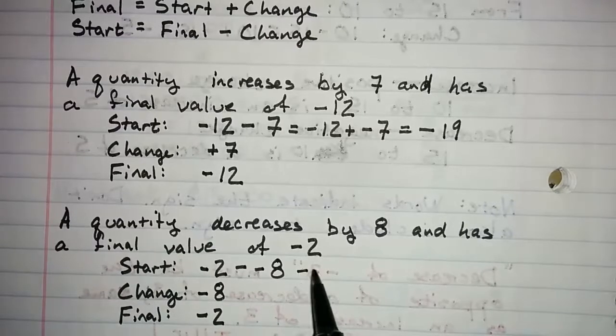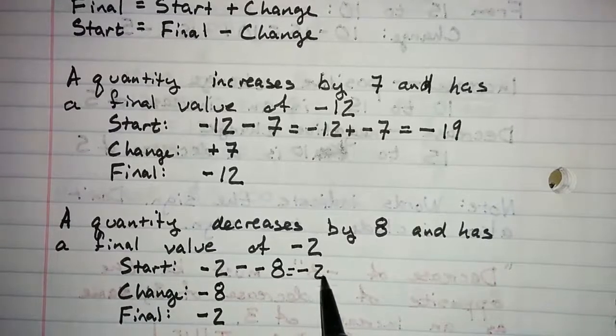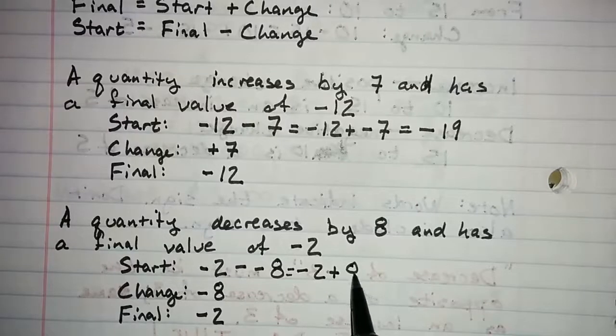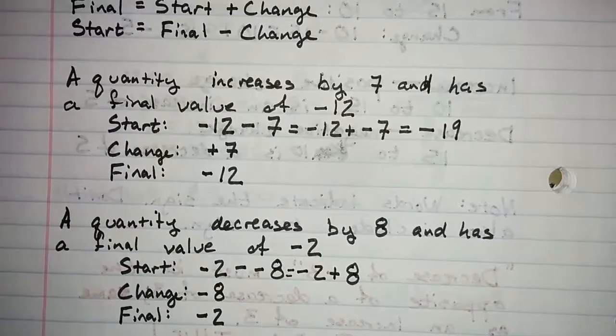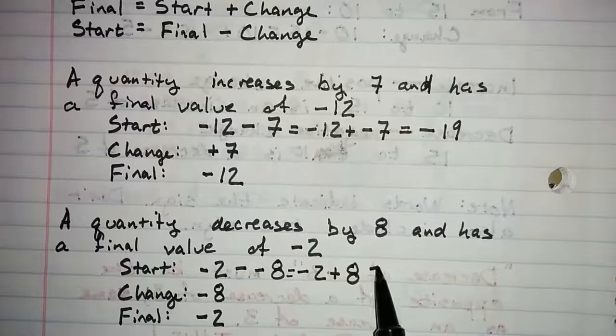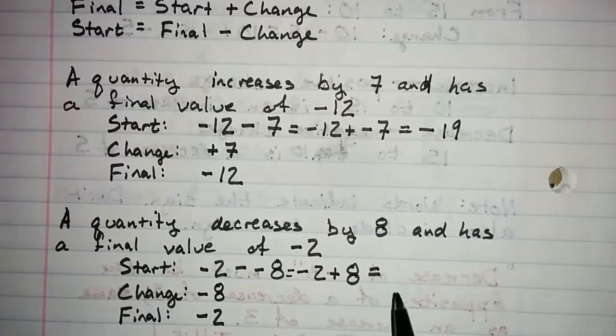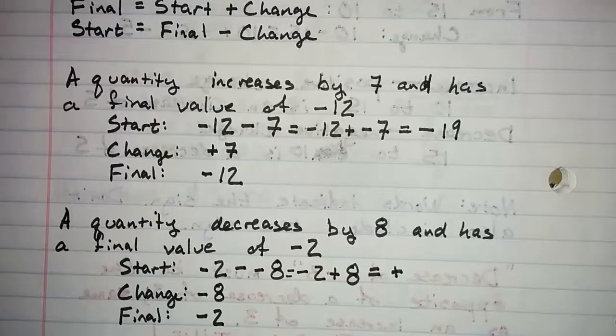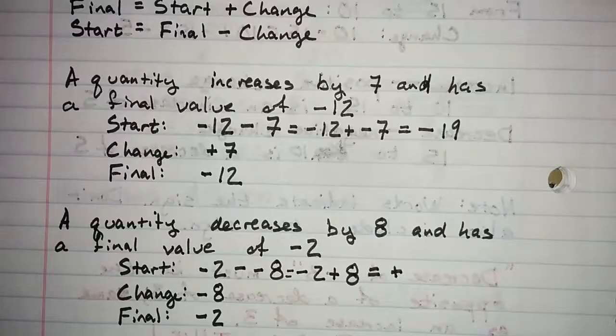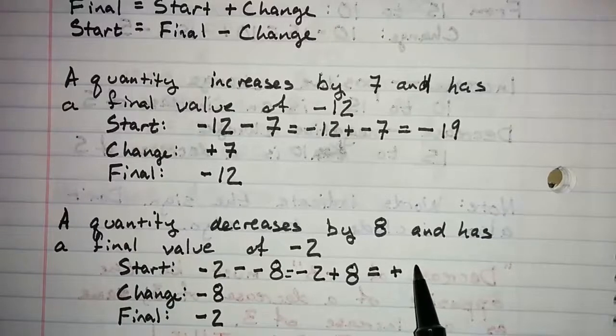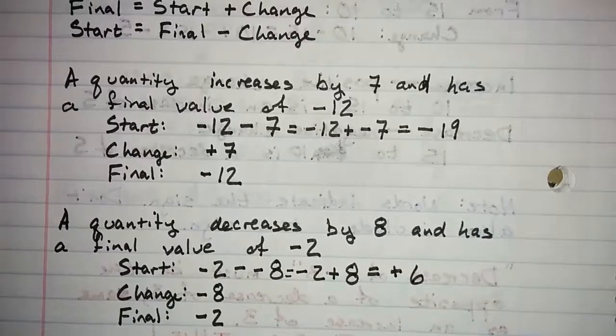Rewriting this as addition, this will be negative 2 plus positive 8, right? The opposite of negative 8. Let's see, these have opposite signs. The positive number is bigger, so my answer is going to be positive. The signs are opposite, so I want subtraction. 8 minus 2 is 6.